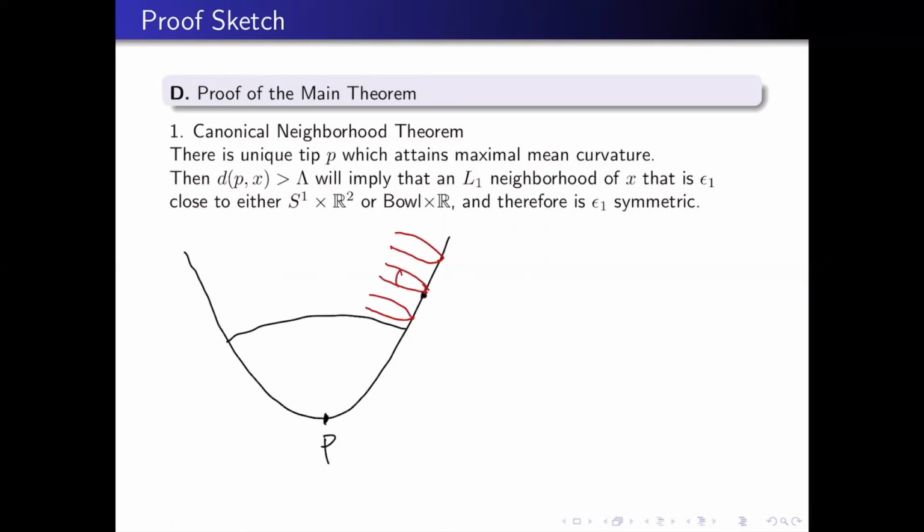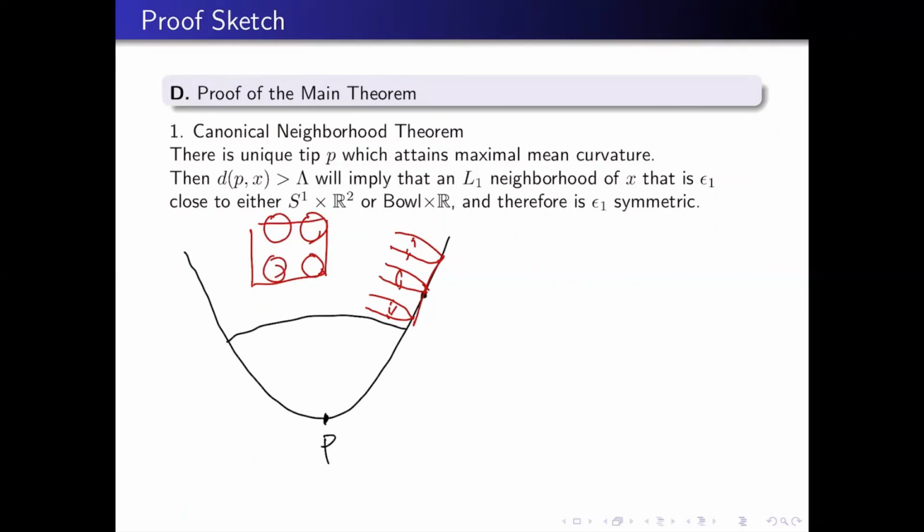So for example, here, along the edge, it should look like bowl cross R. Whereas in the more interior region, we should have S1 cross R2. So that's the rough picture.